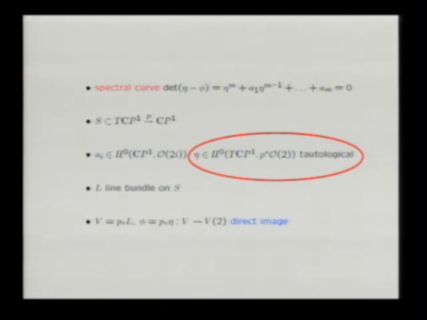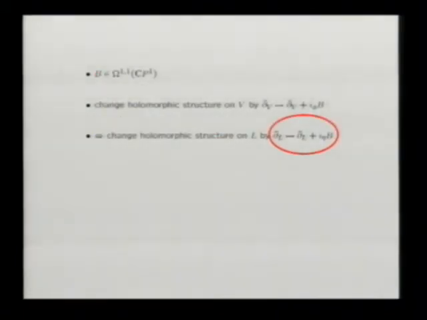If you look at this spectral curve construction, the Higgs field was obtained by taking the direct image of this object eta, this tautological section of this line bundle on the spectral curve. So if I now do this B field transform, taking a 1-1 form on CP1, I'm changing the holomorphic structure on the vector bundle V in this way.